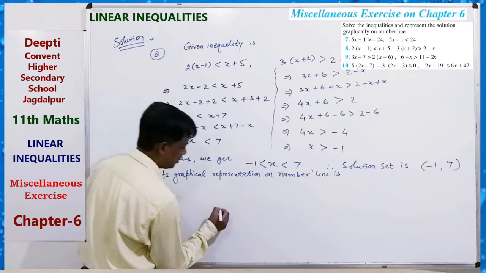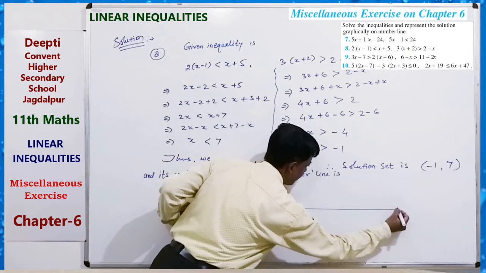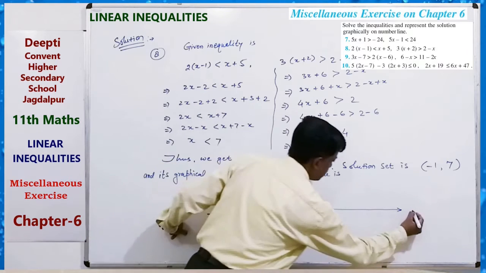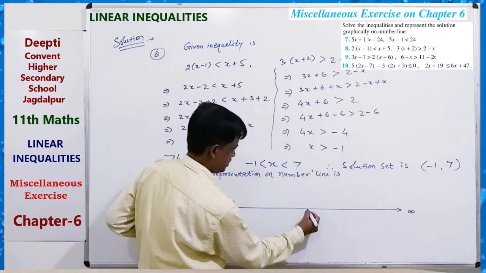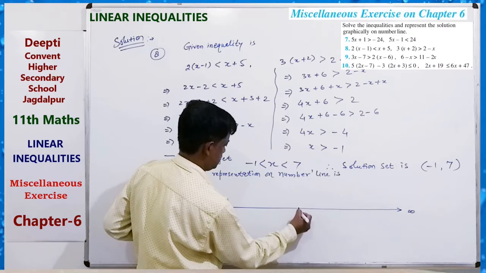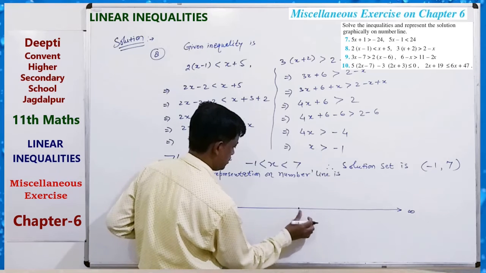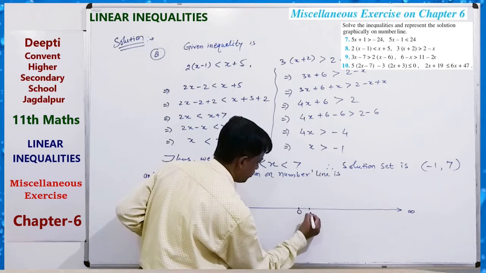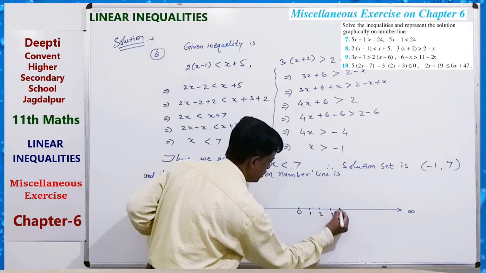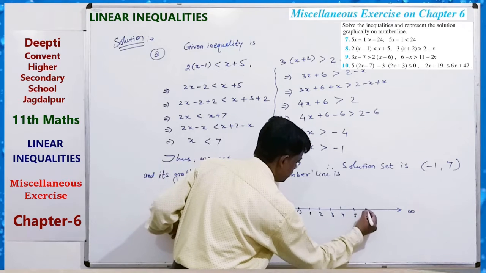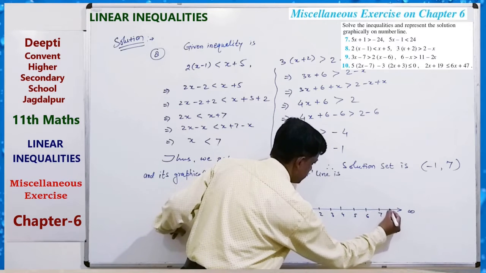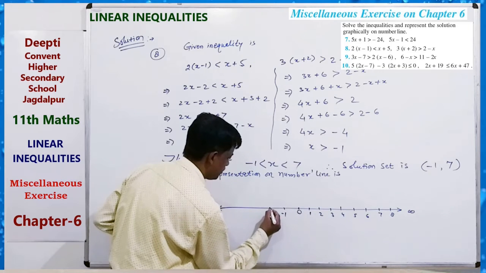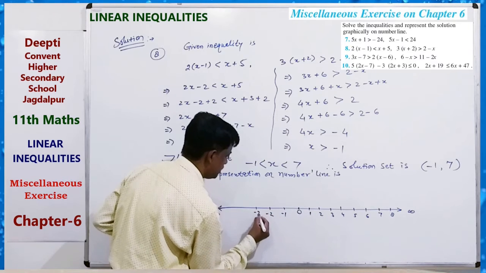what? Draw the number line. Minus infinity, plus infinity. This is 0, 1, 2, 3, 4, 5, 6, 7, 8, minus 1, minus 2, minus 3.